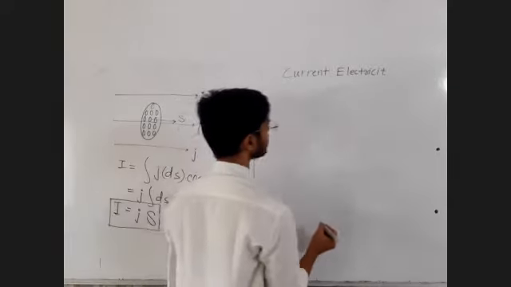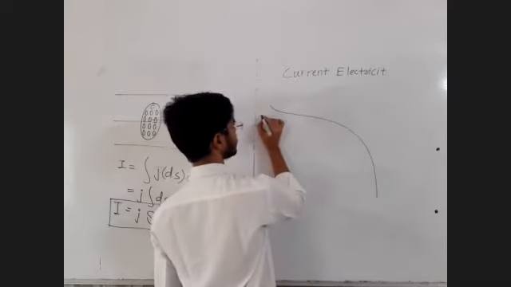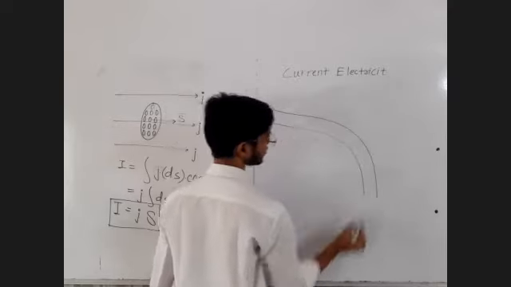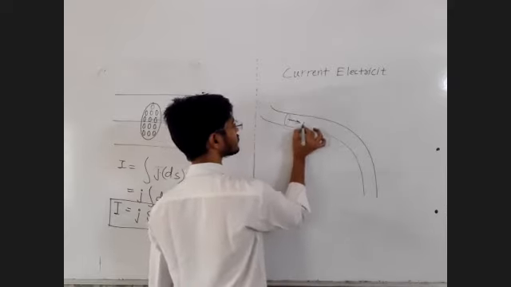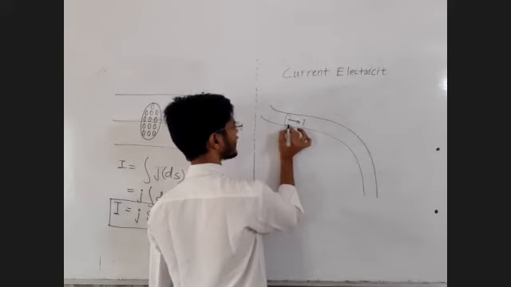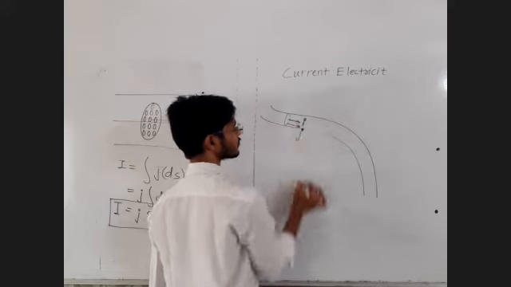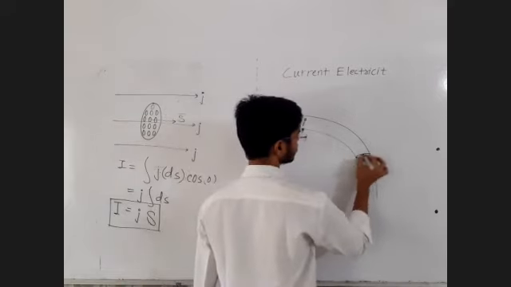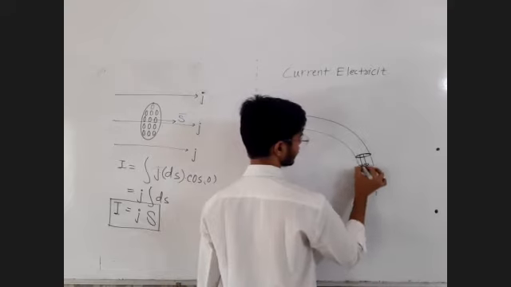when we say current in the conductor, let's say we have a wire like this. Here the direction of current is like this. In the same direction there will be the current density, no problem, no issues. But at this point or at this cross section, current will be like this and current density will be like this.